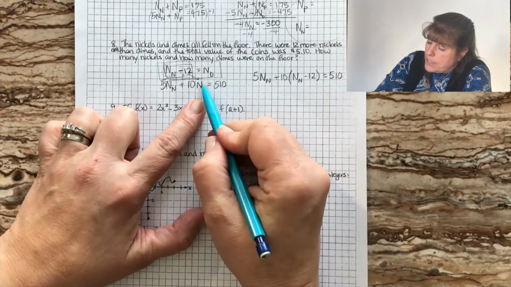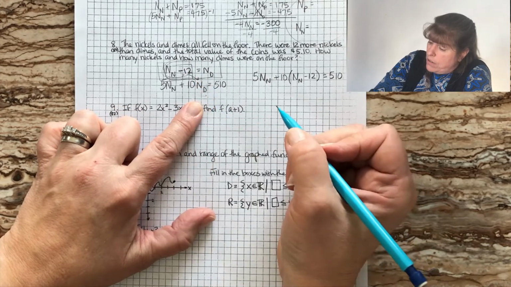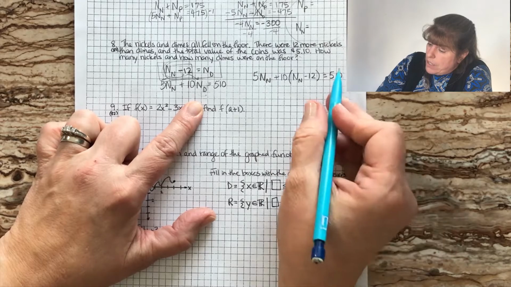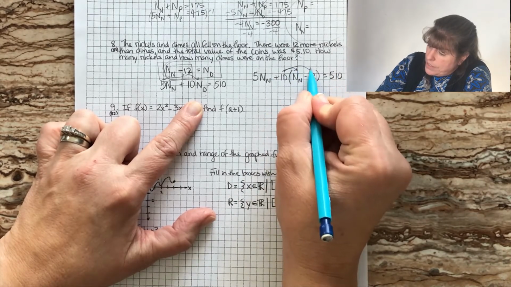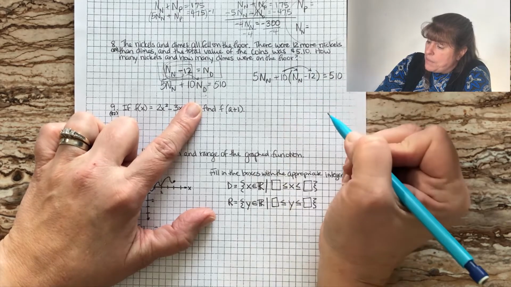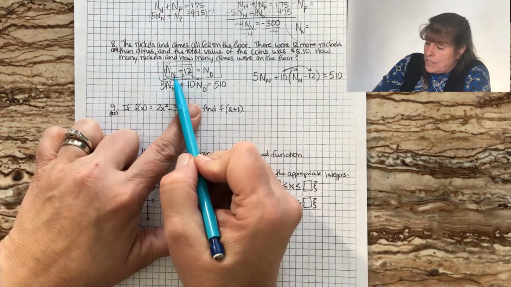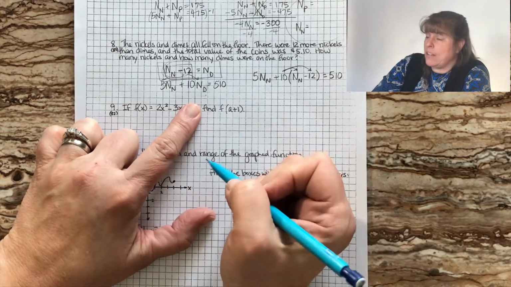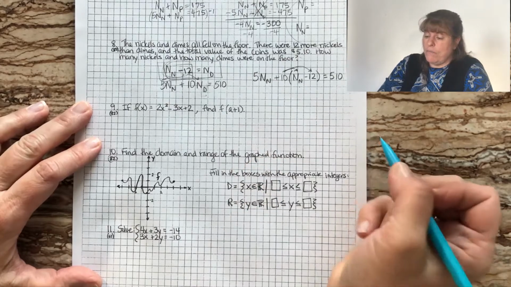So all I did was I took this n sub d and substituted in the equation. So then I'm simply going to get rid of the parentheses and solve for my n sub n. Then I'm going to put that back in, probably here because that's the easiest. Subtract 12 from it, and that'll give me how many dimes. So again, I'm not going to give you the answers. I just got you very close.